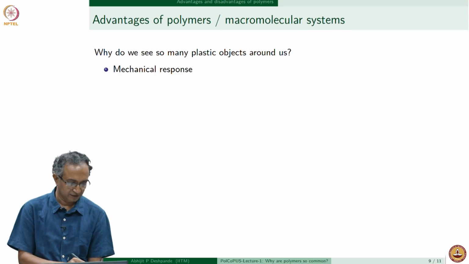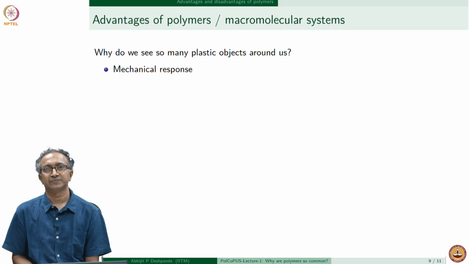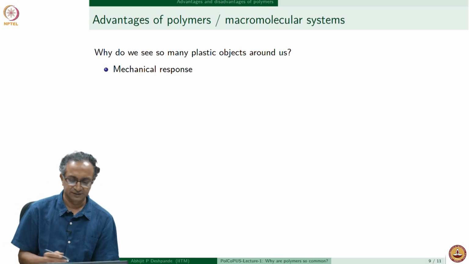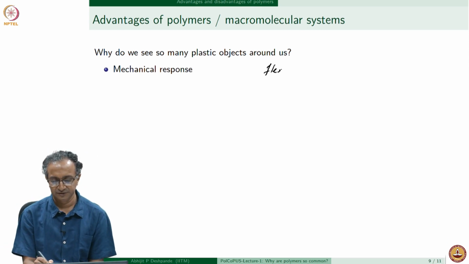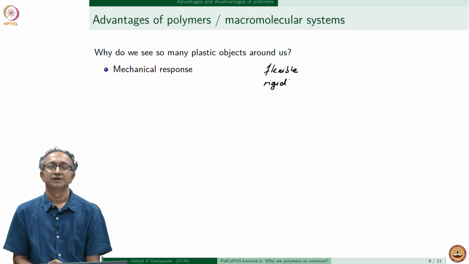For example, if you look at mechanical response, if you want a flexible material, you can use a polymer. If you want a rigid material, you can use a polymer. By changing their chemistry and structure, you can get polymers and plastics with a variety of properties.